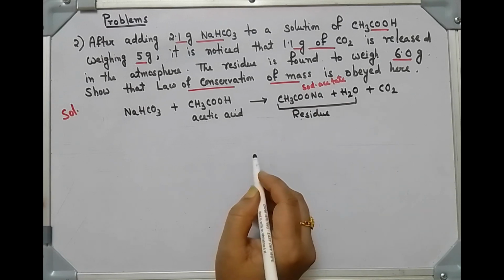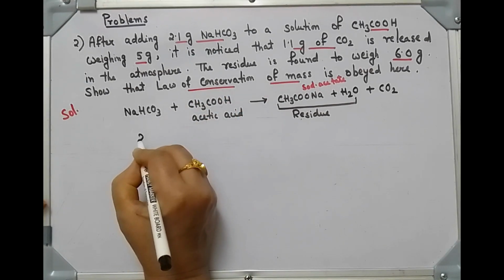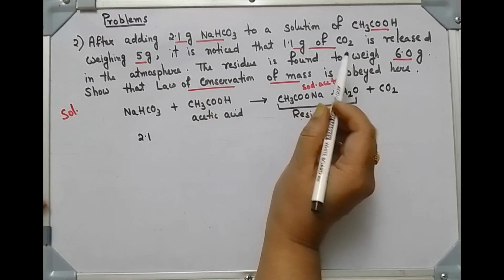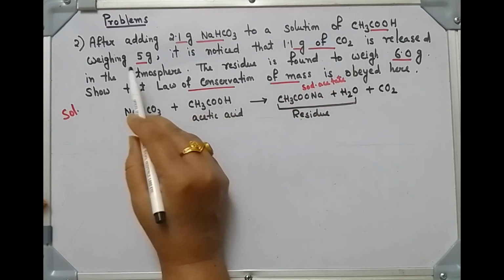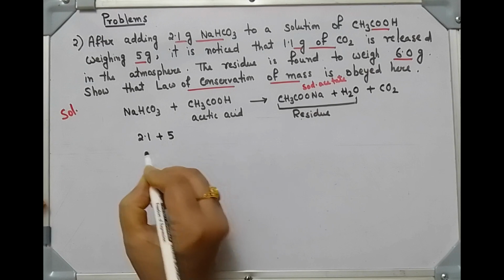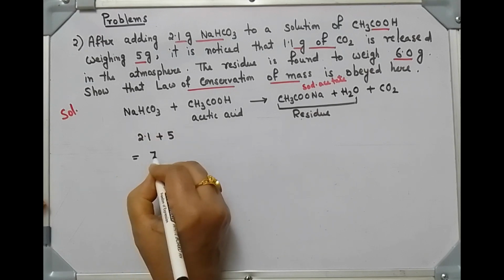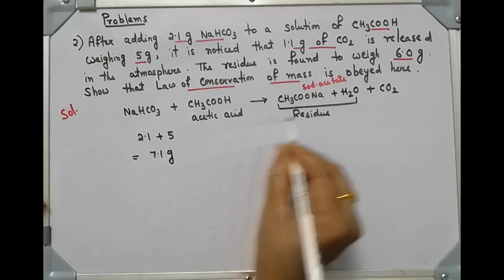Now what is given? Mass of sodium bicarbonate is given 2.1 grams. Mass of acetic acid is given 5 grams. So total mass of the reactants is coming 7.1 grams.